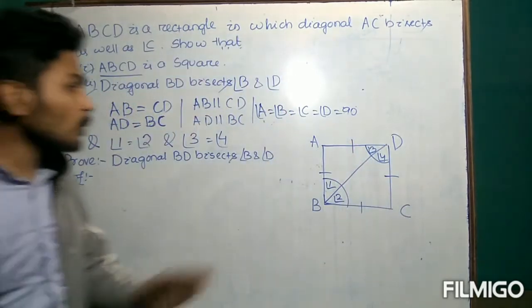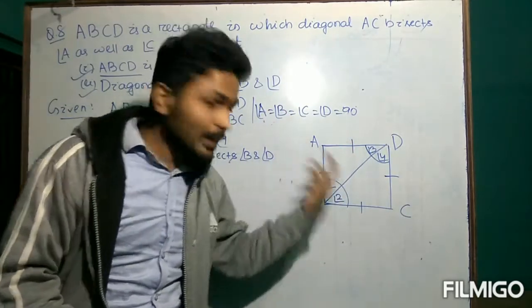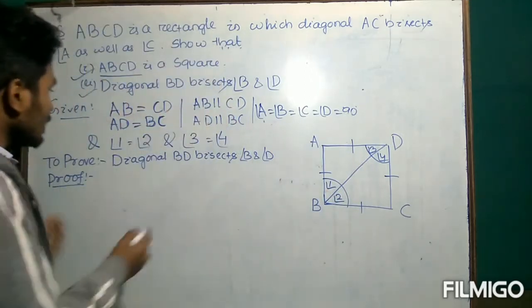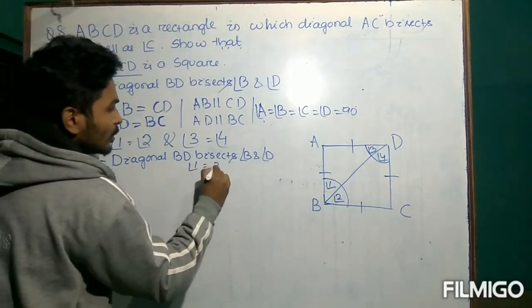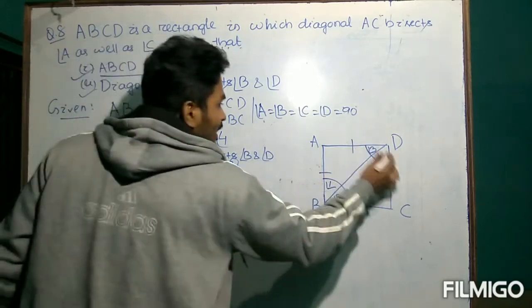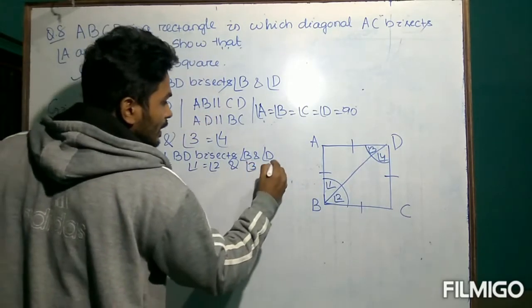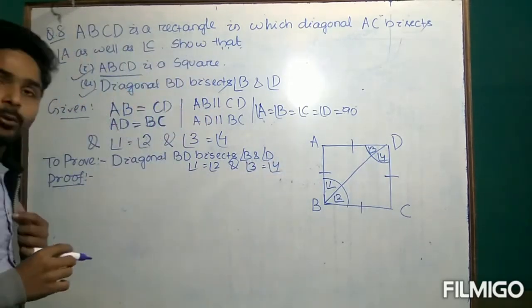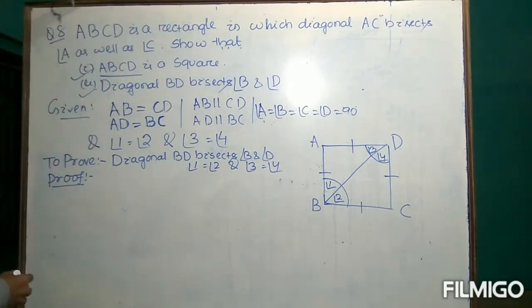We will prove that BD bisects B and D. It means we have to prove angle 1 is equal to angle 2 and angle 3 is equal to angle 4. Let us prove it.